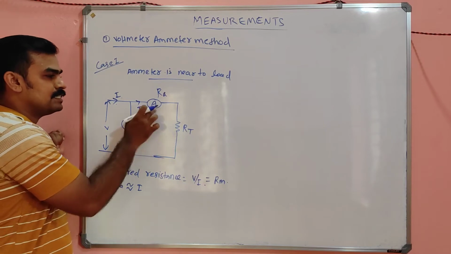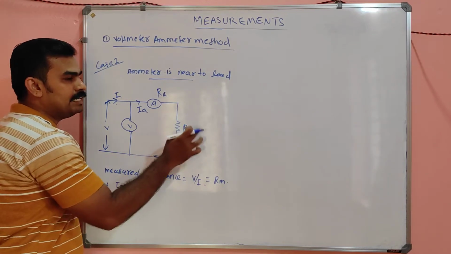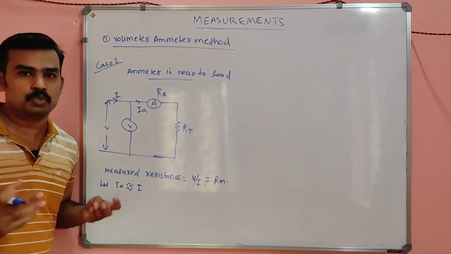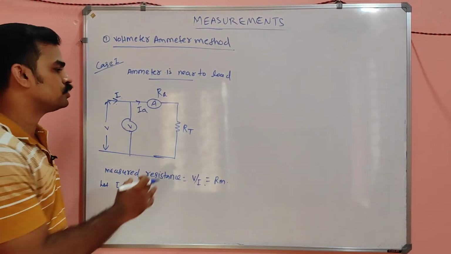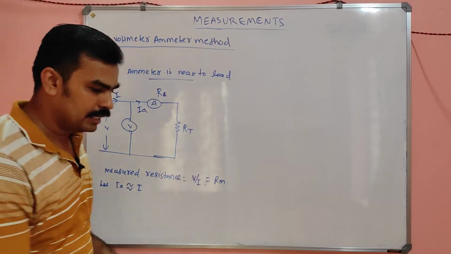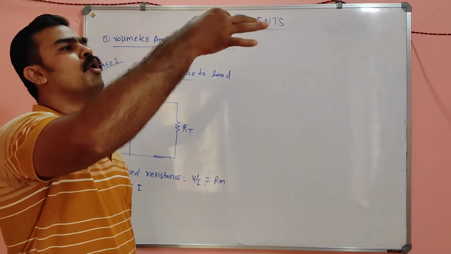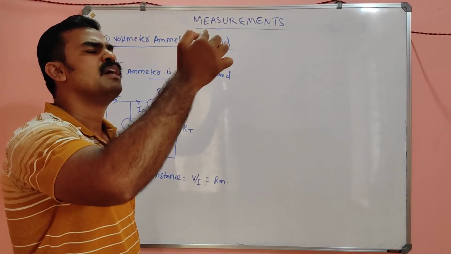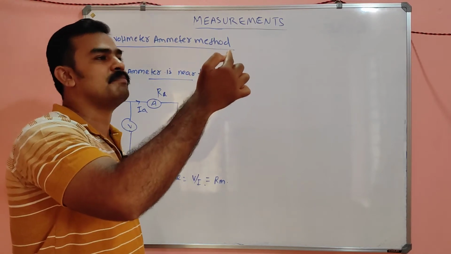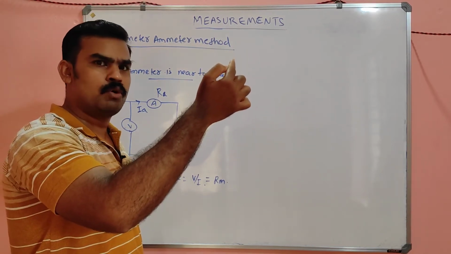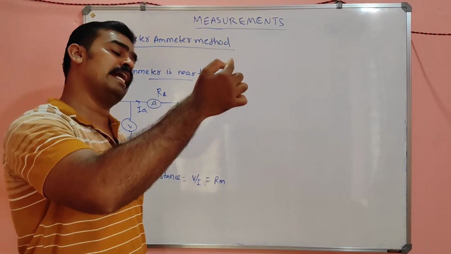That means the resistance is near to the ammeter, where RT is nothing but the true value of the resistance. Suppose you took 1 kilo ohm from the box. Let us find its resistance by using the voltmeter ammeter method. Is it 1 kilo ohm, or less than 1 kilo ohm, or greater than 1 kilo ohm?